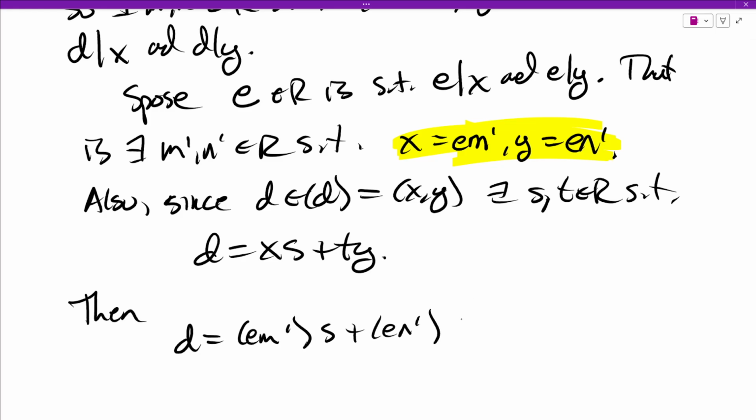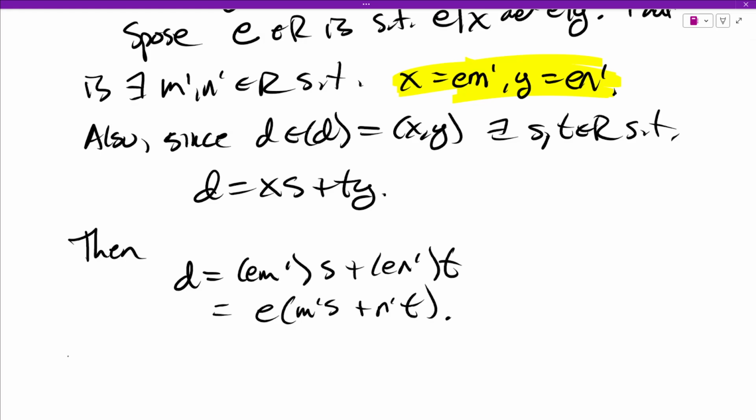So we plug in the highlighted area, and what do we have? Well, there's an e in both of these terms, so we can factor it out. And what does that tell us? It tells us that e divides d. And that's what we wanted to show.